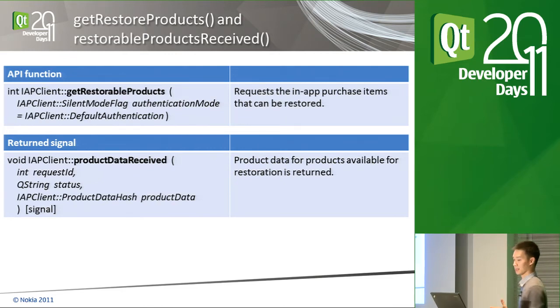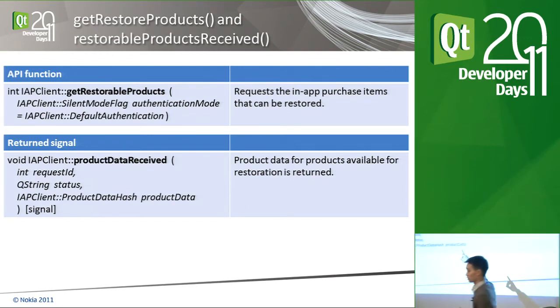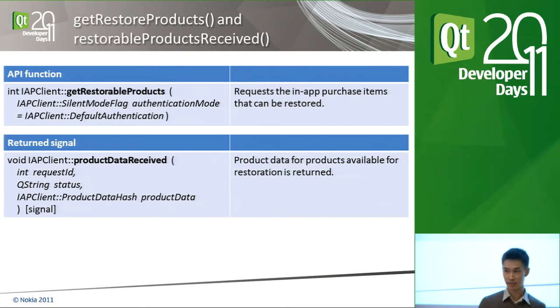So in get restorable products, one of the parameters is the actual authentication mode. So silent mode, meaning that if the user has logged in within the last 15 minutes, then the store client will retain the password information so that it will not prompt the user to log back in again. So this could be handy in a way that you can make your application a bit more flexible. So if the application itself knows that I don't need to prompt the user, maybe the application can then automatically restore the content items on behalf without having to prompt the user whether he wants to restore.